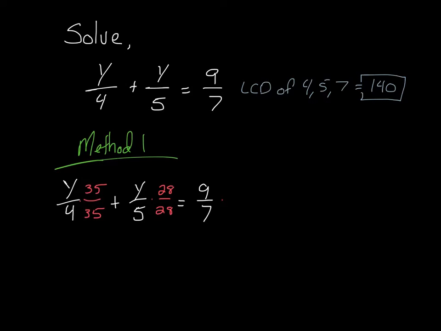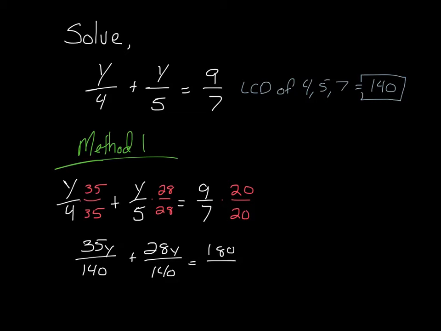And this third fraction on top and bottom I need to multiply by 20. Simplifying this, what I get is 35y over 140 plus 28y over 140 equals 180 over 140.